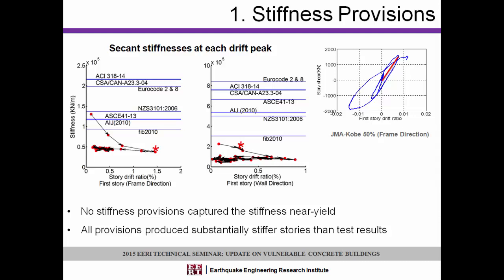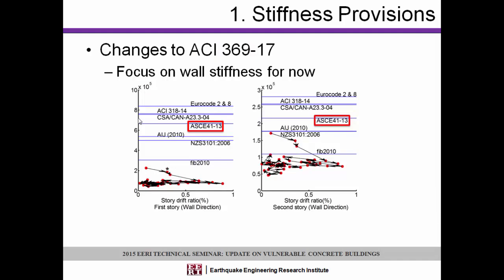So this was a big eye-opener, and that's kind of what triggered the change proposal in ASCE 41, and especially for the walls. And since this is doing a little bit better, it was changed to supplement 1, we didn't have much time to bring this up to par also on this code cycle, so we focused on the walls for now that are way off. And this is the wall first story, and this is the wall second story.